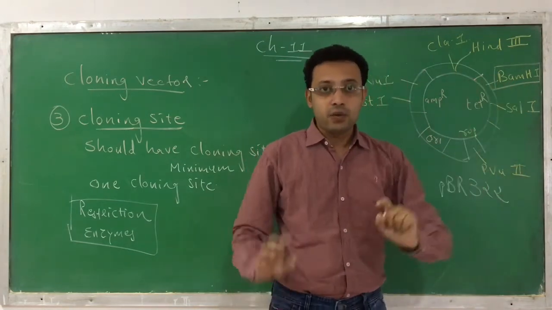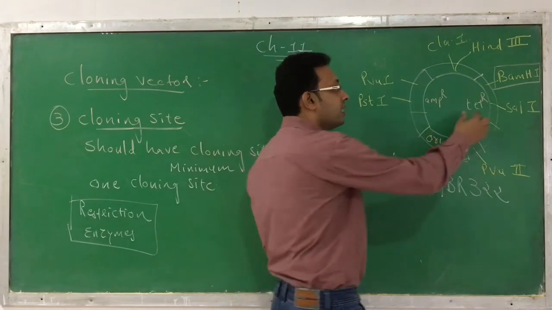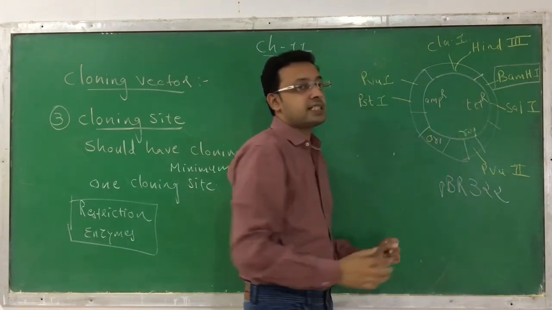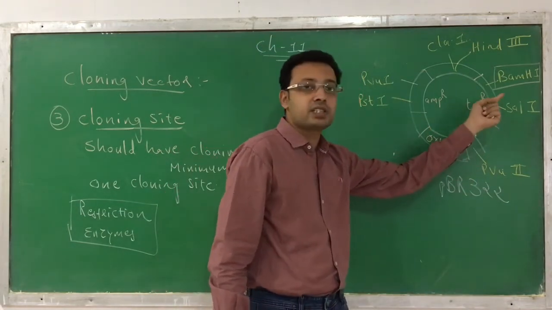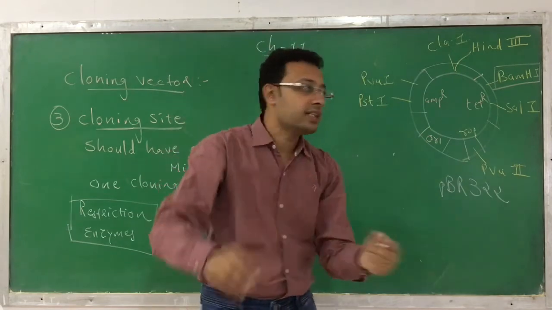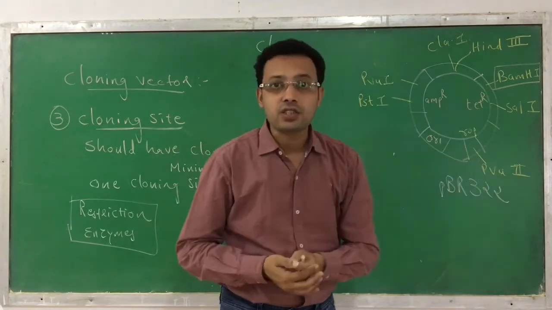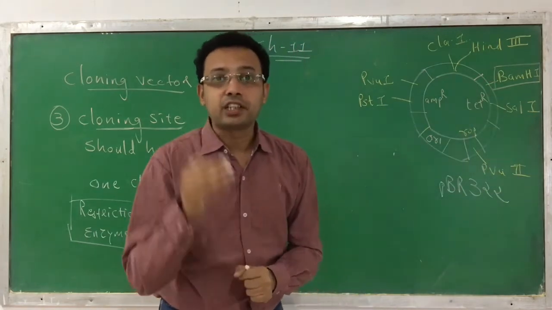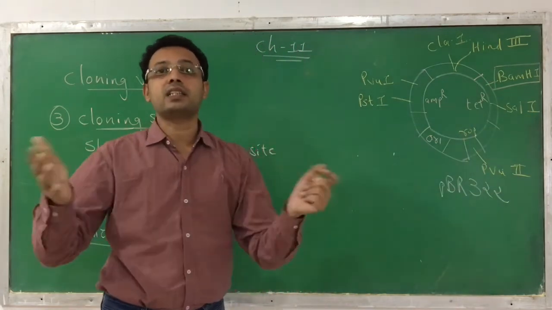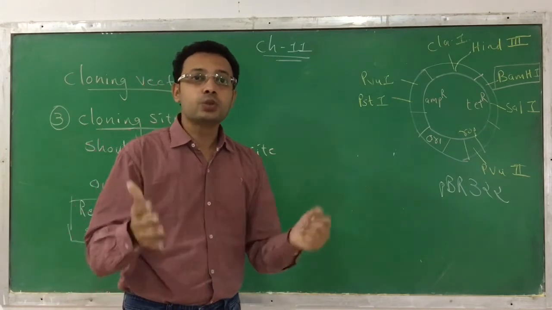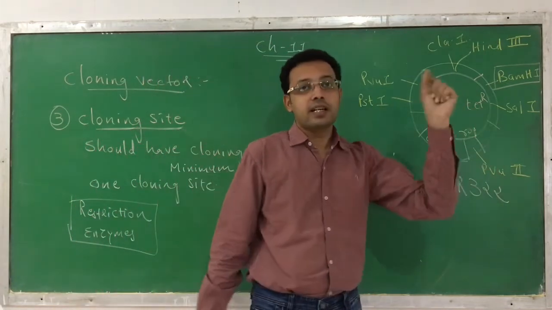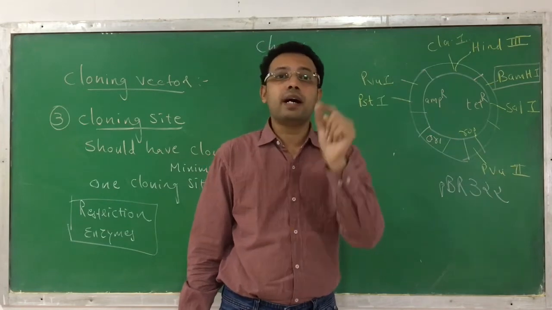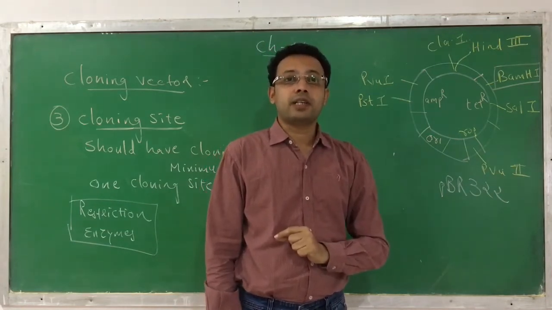Now when the foreign DNA has been introduced, this is a tetracycline resistance gene, but something new has been added, so obviously its structure gets changed and this plasmid loses its resistance against tetracycline. Losing resistance against tetracycline means it is now killed by the tetracycline antibiotic.